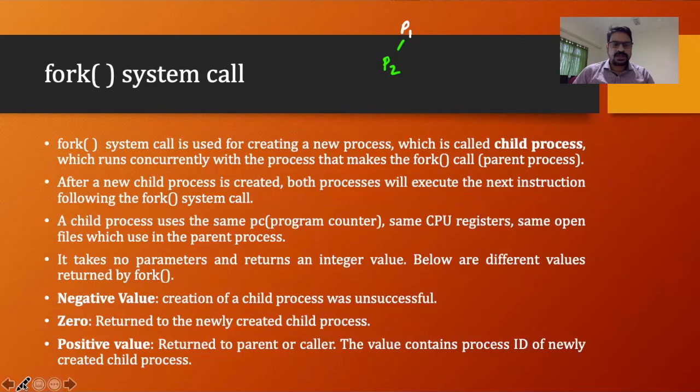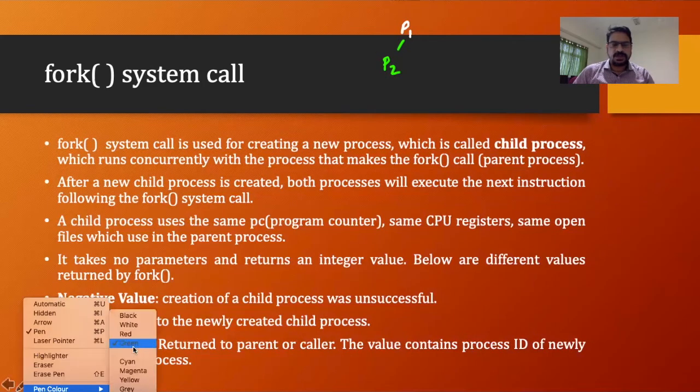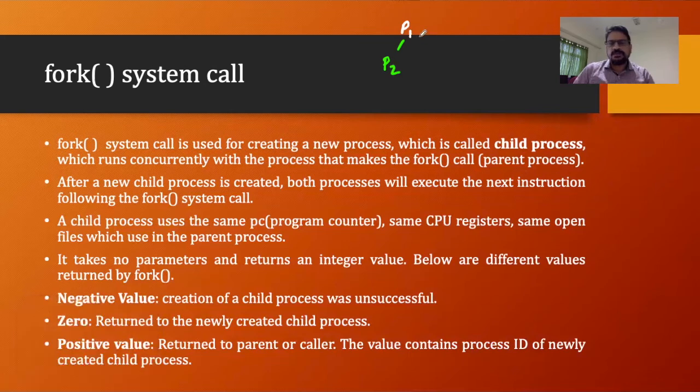Once the second fork is executed, let's say P1 executes first, so it will generate P3. P2 will execute after that, so it will generate P4. Understood?